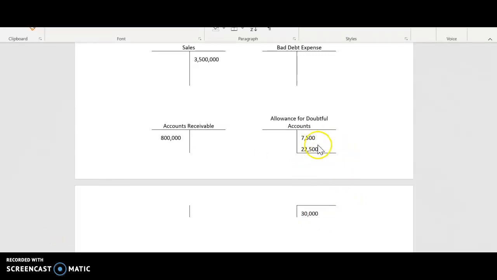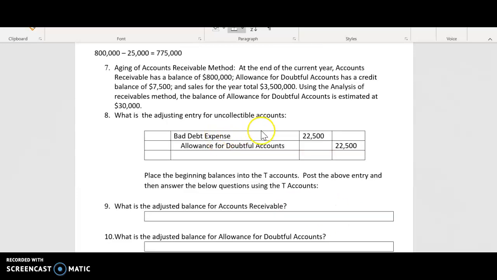So I did that, and my adjusting entry needs to be for 22,500 in order to get the 30,000 that I calculated. So I would debit bad debt expense for 22,500 and credit allowance for doubtful accounts for 22,500. What I'm doing here is filling up my bucket to get it to be the 30,000 that we had calculated it to be.